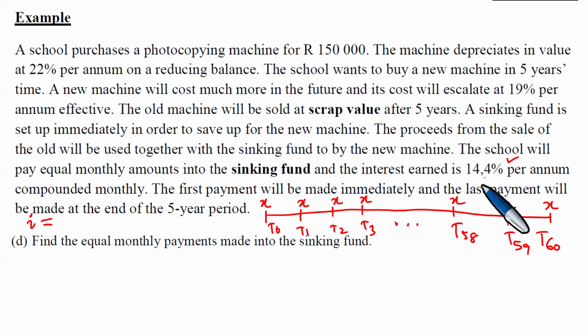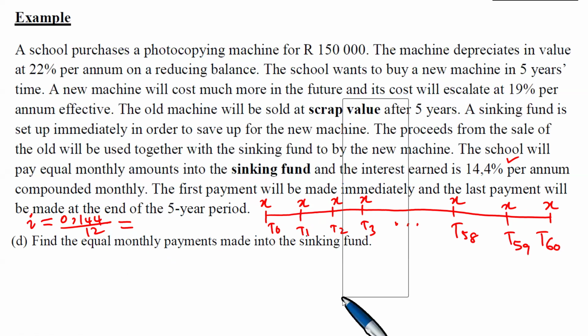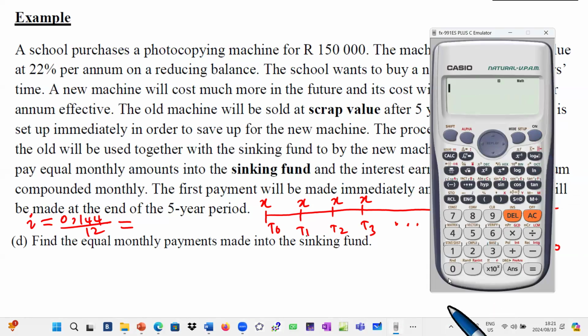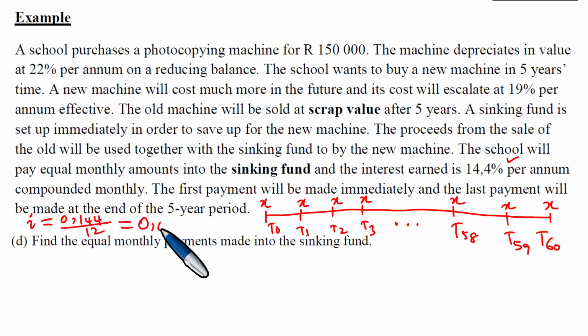So you'd have to take this one here and divide by 12. 0.144 divided by 12 months in a year equals what? This is actually 0.012.